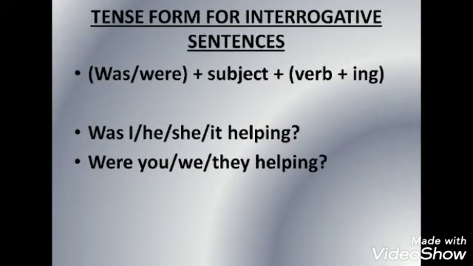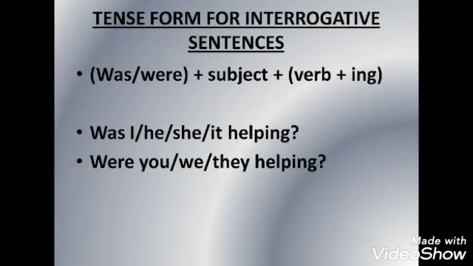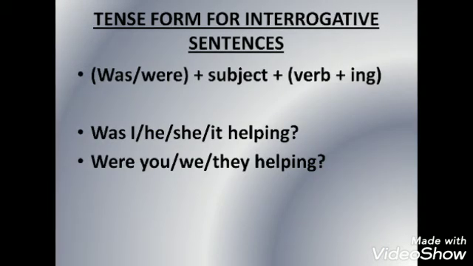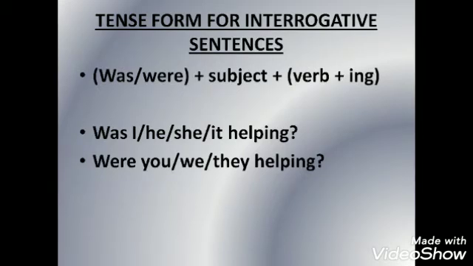For example, was I helping, or was he helping, or was she helping, or was it helping. For the plural form, were you helping, or were we helping, or were they helping.